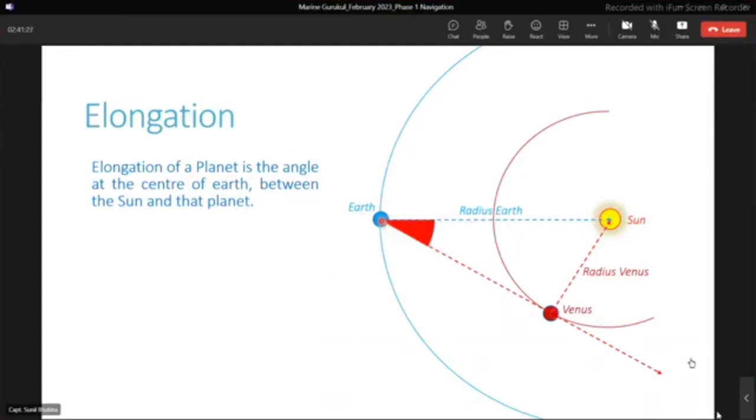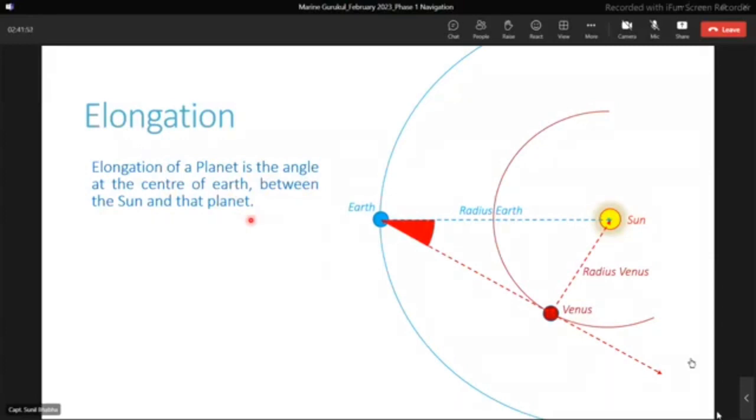So from the center of the Earth, a line joining the center of the Sun and a line joining the center of Venus, the angle between those two lines is the elongation. So the angle at the center of the Earth contained between the Sun and that particular planet is known as the elongation of that particular planet.